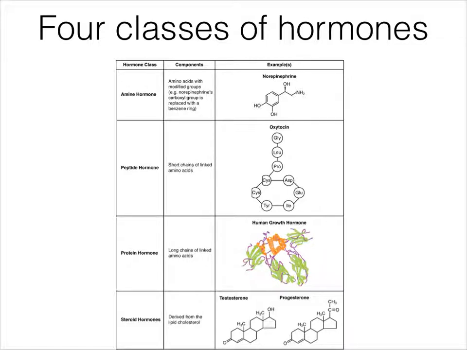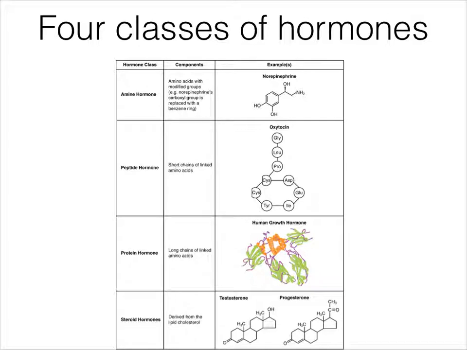So you can see this hormone here, human growth hormone, has these spirally bits of alpha helices and these sheets. They're beta sheets, and those sheets are folded up against each other into a very specific three-dimensional shape. So once a polypeptide gets big enough that it can assume a specific three-dimensional shape, we usually call it a protein.